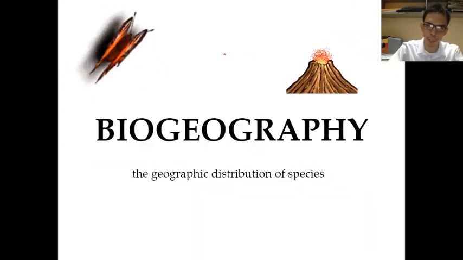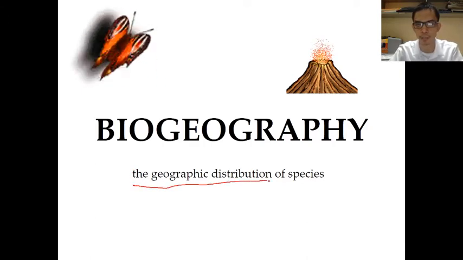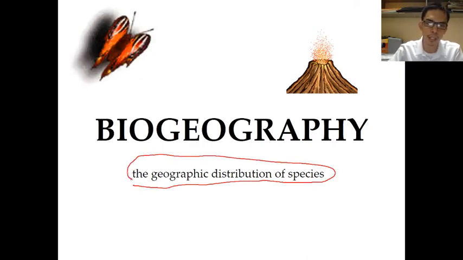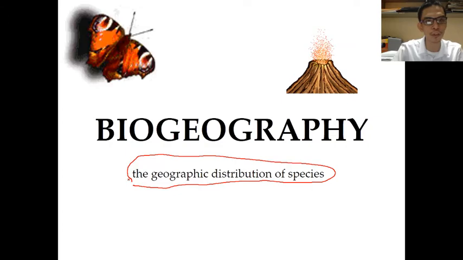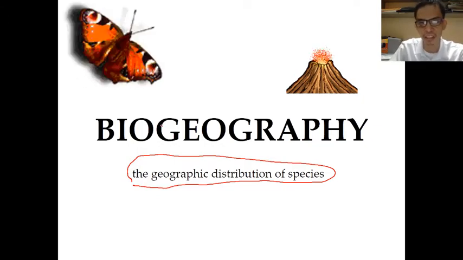Let's start first with the biogeography. Biogeography is defined as the geographic distribution of species. In this evidence, we will try to find out why some organisms, not only plants or animals, look the same but are completely different in terms of their physical appearance.